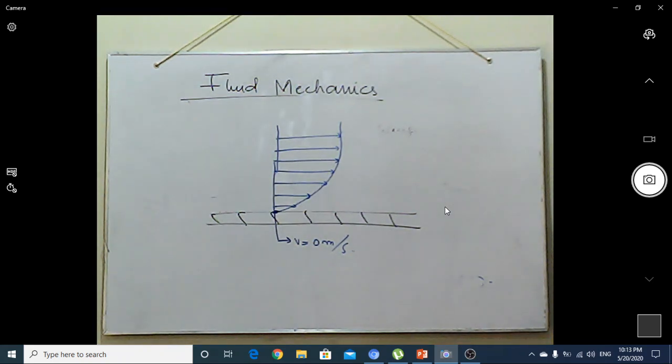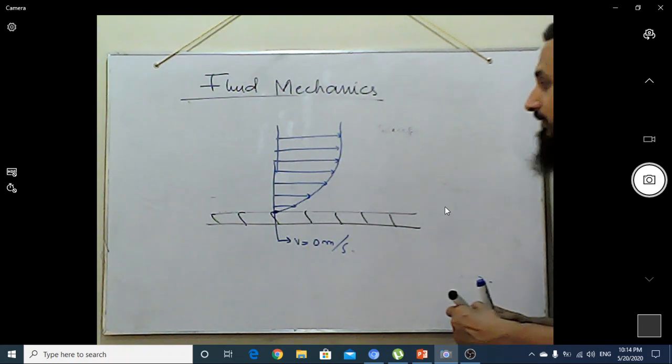So we can differentiate here. There are two regions, one where the velocity is almost equal, and the other region where the velocity is changing so rapidly. Their magnitudes have a very high difference.